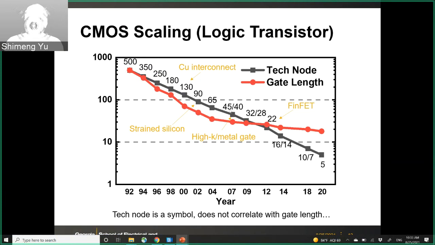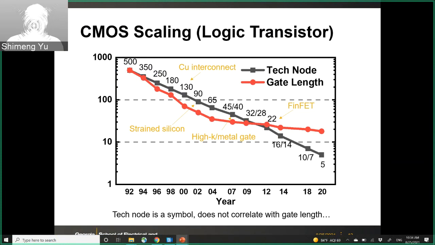and beyond 65, there are some variations in the tech node, because different companies now choose their own definition. Like Intel Core 45, TSMC Core 40, Intel Core 32, TSMC or GlobalFoundries Core 28, and so on. The tech node, of course, keeps scaling, but the tech node doesn't mean anything.